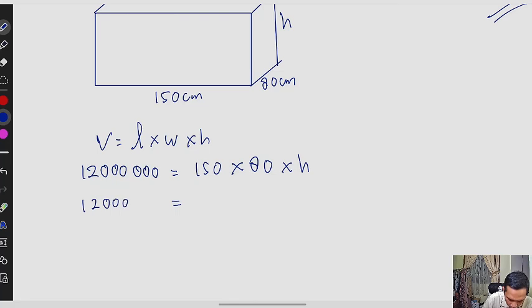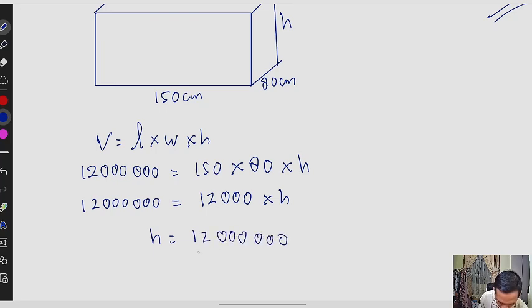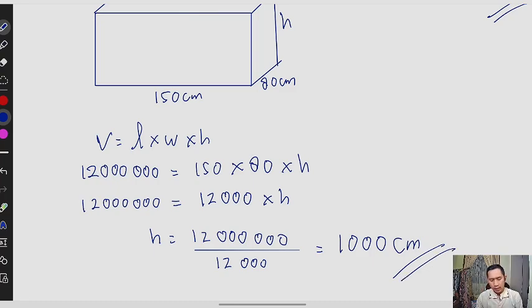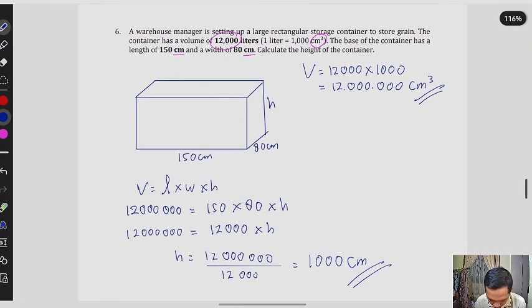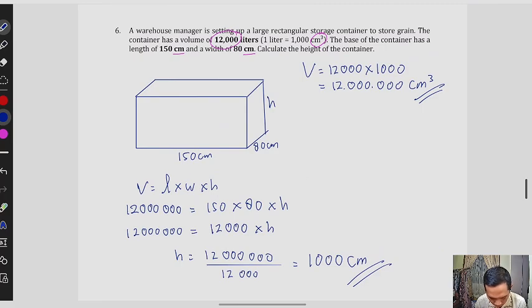Let's calculate. 150 times 80 is 12,000, times h. So h will be 12 million divided by 12,000. We cancel the zeros, so we have 1,000 centimeters. That's the height of the cuboid. That's question number 6. Let's move on to question number 7.